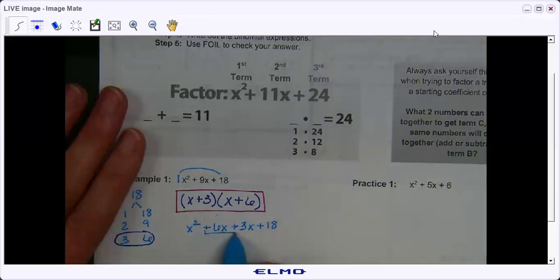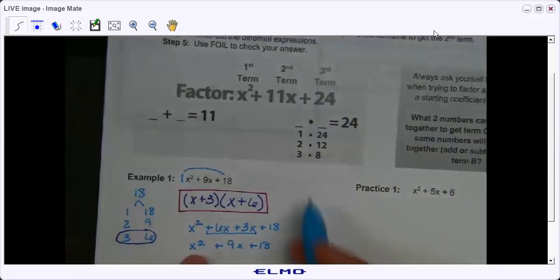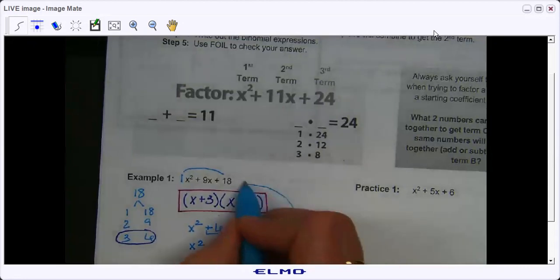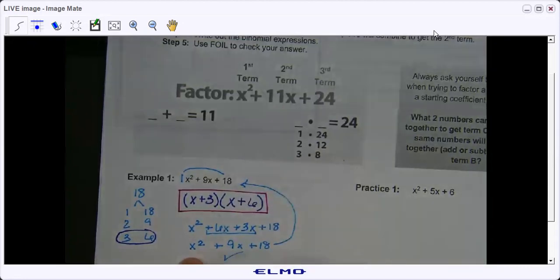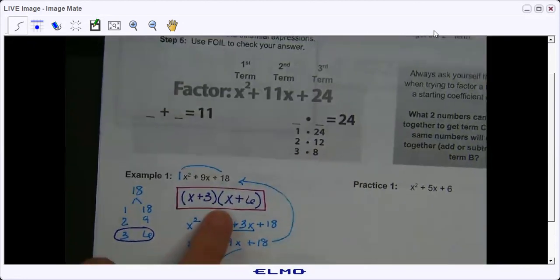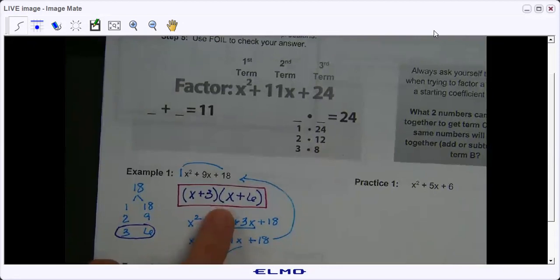And then we combine our like terms, and we end up with X squared plus 9X plus 18. You check it with this up here, and that is correct. So that means that your factored out terms are correct. X plus 3 times X plus 6. Okay.